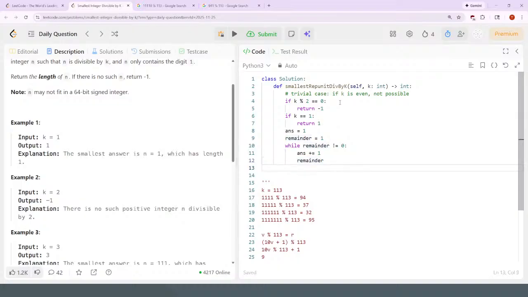Otherwise, there's always going to be a remainder 1. The remainder equals 10 times the previous remainder mod k plus 1. I think that's it.